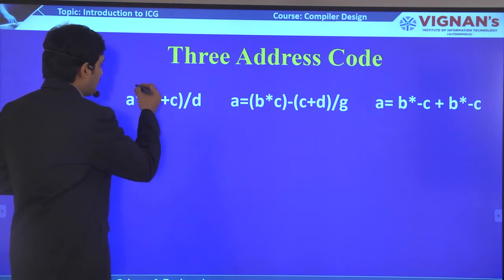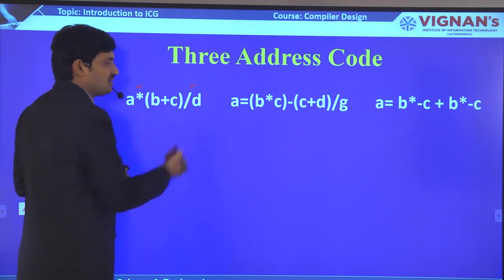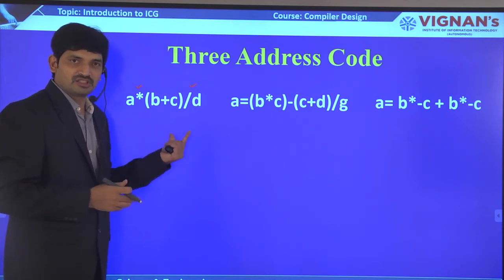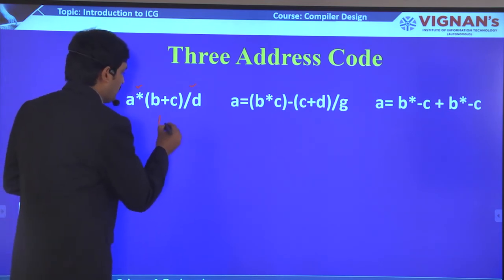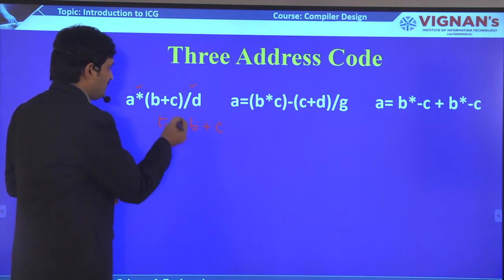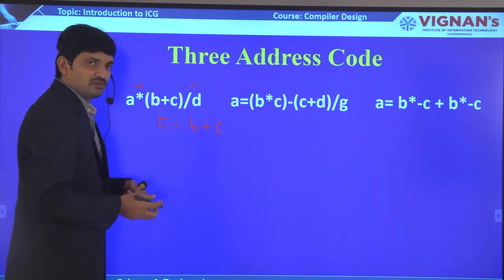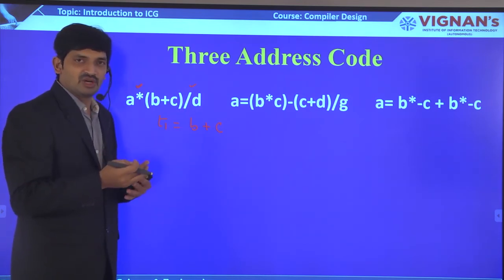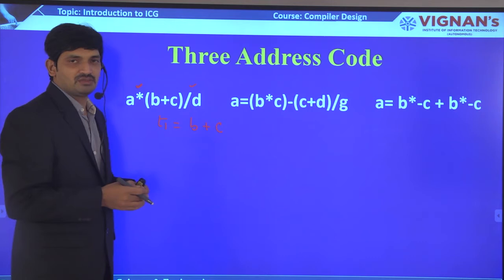So here 2 operators are there, multiplication and division, but along with this there is a parenthesis. So I have to solve the parenthesis first as t1 equal to b plus c. Then I have to solve this multiplication, because multiplication and division have the same precedence, but according to associativity I have to go with this multiplication.